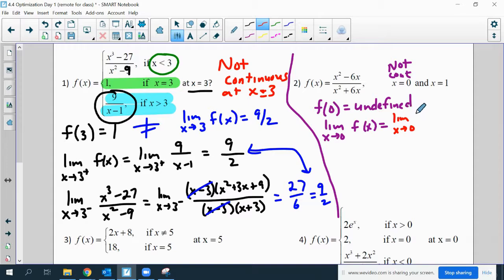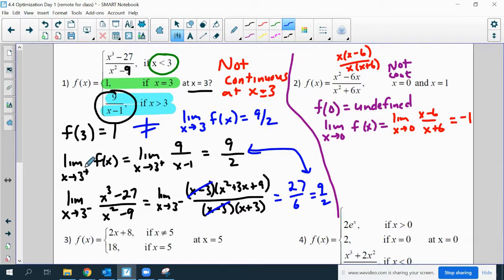So the limit as x approaches 0, if I factor this, it's x times x minus 6 over x times x plus 6. So then I can cancel the x's and I get x minus 6 over x plus 6. And then I can now do a direct substitution. Negative 6 over 6 is negative 1. So notice that this function at 0 approaches negative 1, but it has no value of the function.